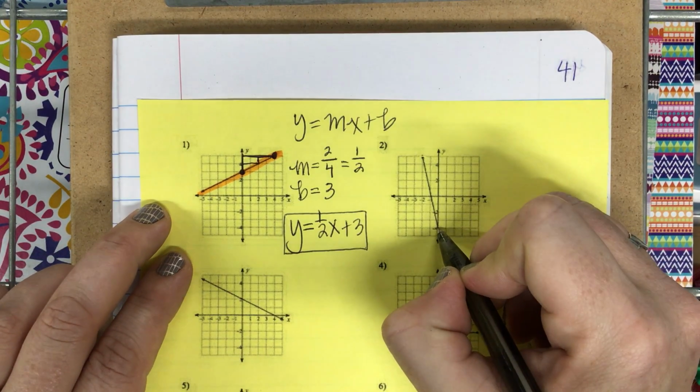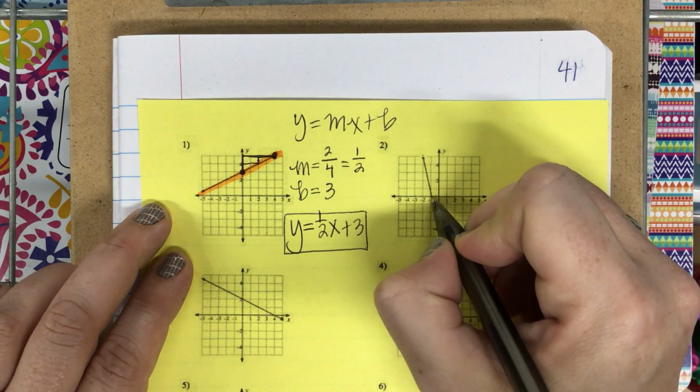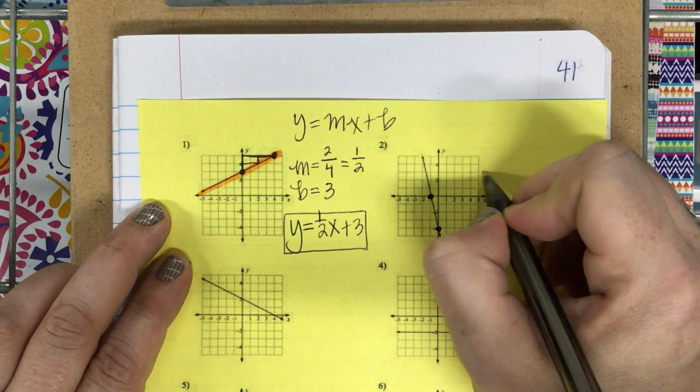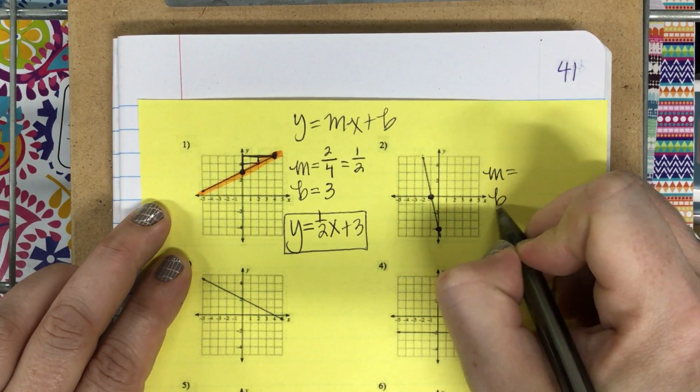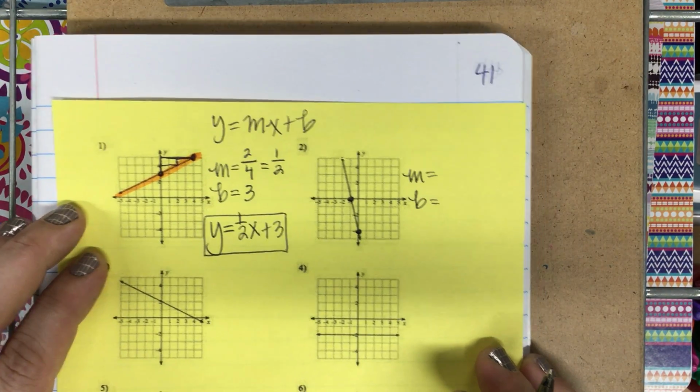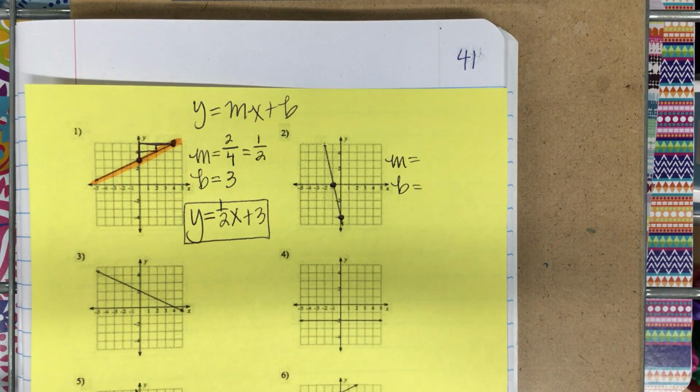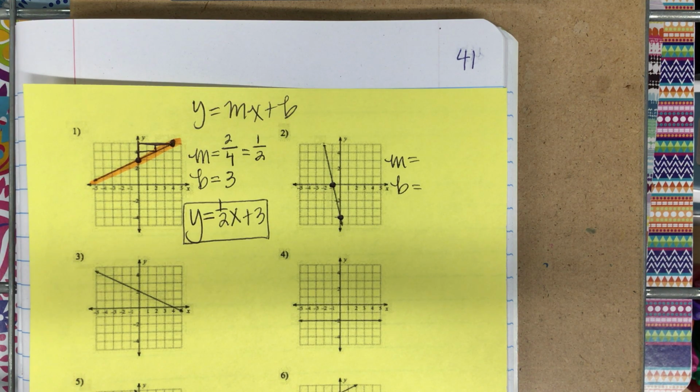All right, let's try this guy. So here and here. Again, the hardest part when you have a line already given to you is the precision of where those intersections are, right?